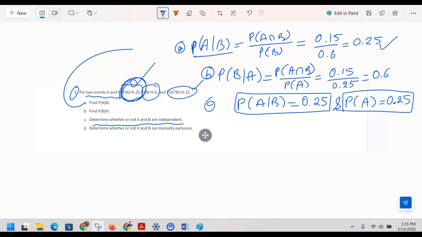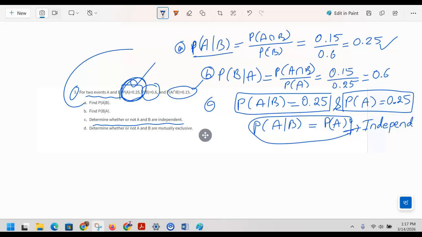Both are the same. That's why we can say probability of A when B occurred is the same as probability of A. So this satisfies the definition of independent. So A and B are independent events. I don't have enough room to write independent events, so this is how you write it.